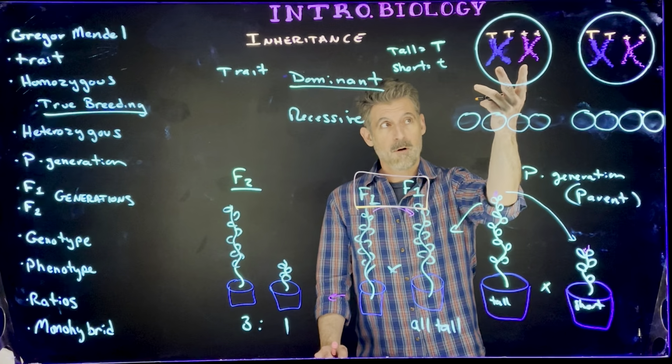So what we have here is now the introduction of some other terms. When the two alleles are the same as each other, that's called homozygous. Both alleles are the same.